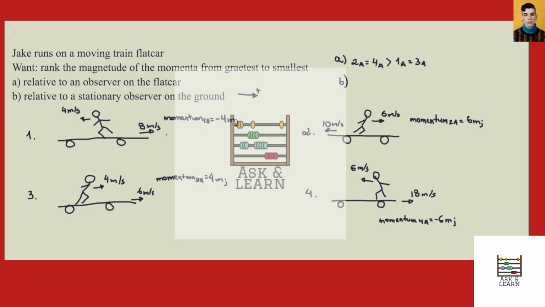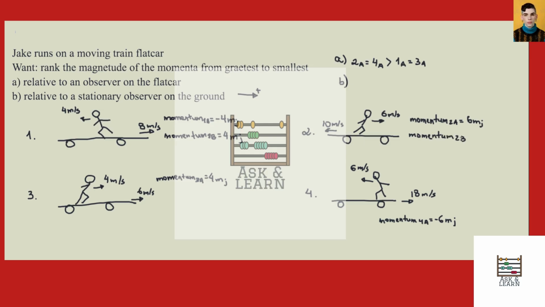So then we get momentum 1B is going to be equal to 8 to the right, 4 to the left, 8 minus 4, we get 4. So positive 4 mj.